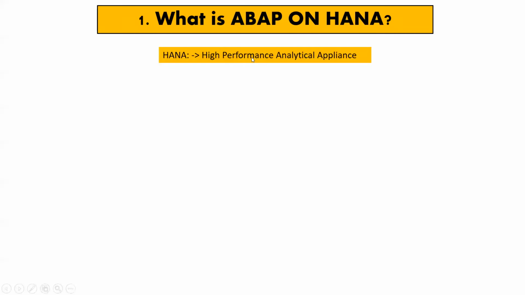High performance is very simple to understand. Analytical means the one which is helpful in doing analysis, like BI or BW. And appliance means the combination of hardware and software. So HANA stands for both hardware and software. It's the evolution of hardware as well as software.